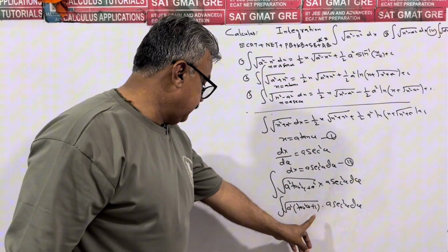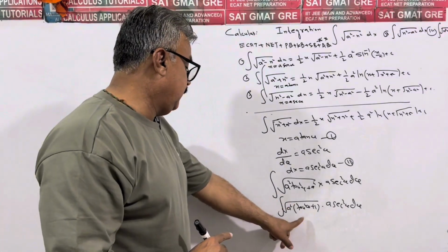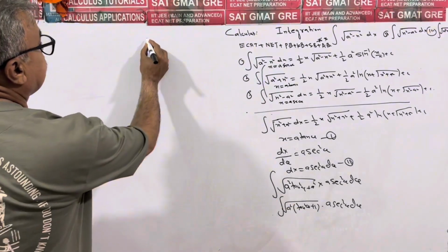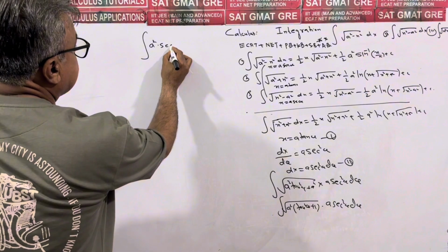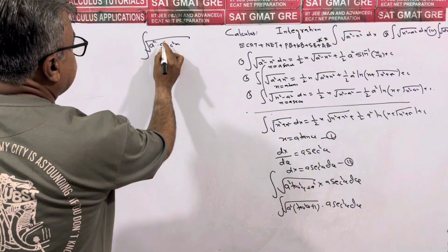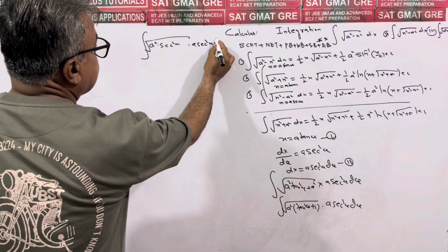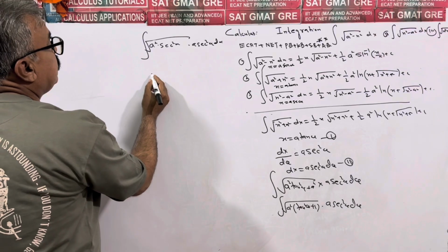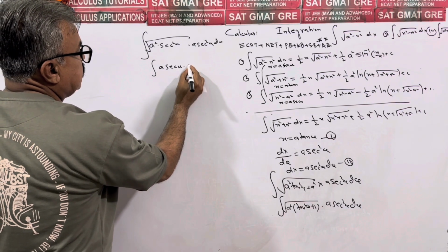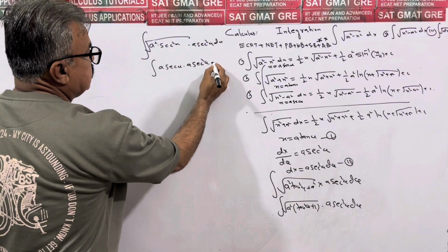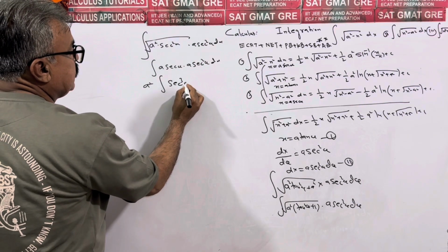Tan square plus 1 is equal to sec square theta. Let me save the space. It is root of a square sec square theta times a sec square theta d theta. Square root of a square is a, root of sec square is sec, so a sec theta times a sec square theta d theta. It will become a square times sec cube.